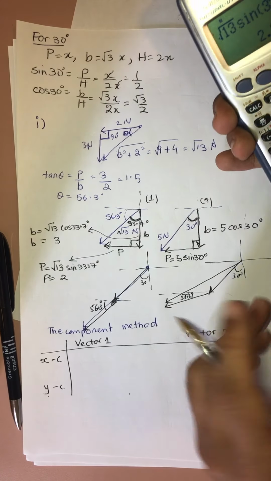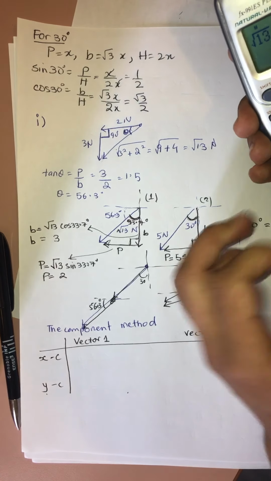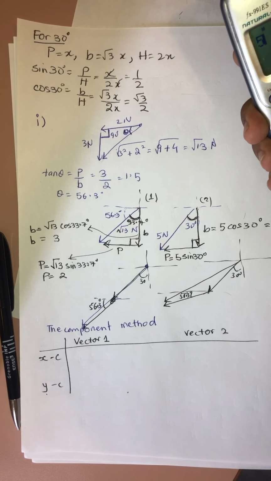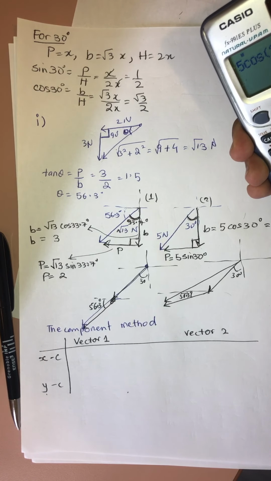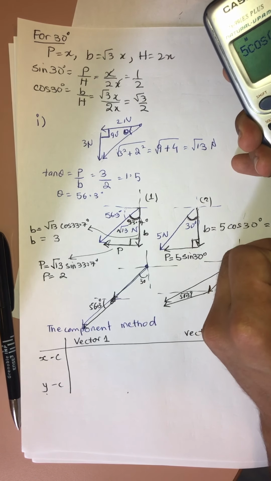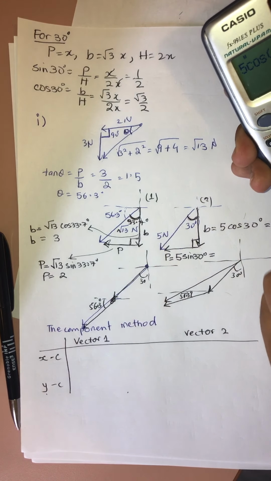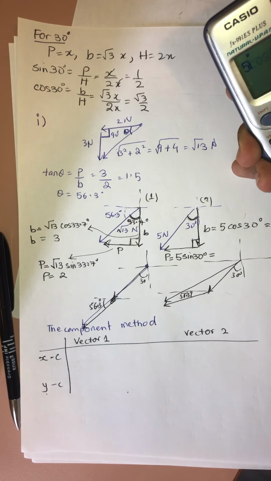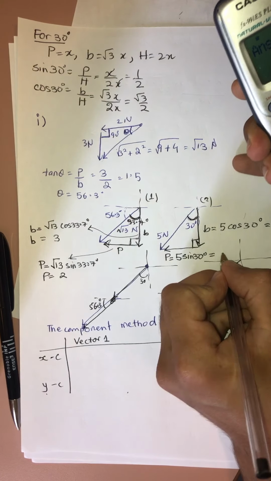Then 5 cos 30 is 4.33, and 5 sine 30 is 2.5.